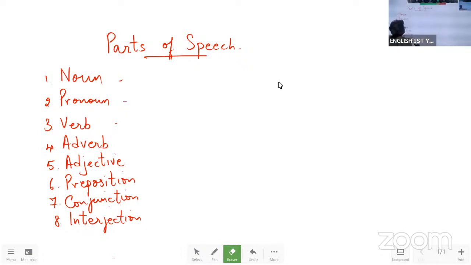So with this, we are done with auxiliary. We come to the next, that is adverb. Now, what is an adverb? The word itself tells you, add verb, adding something to the verb.